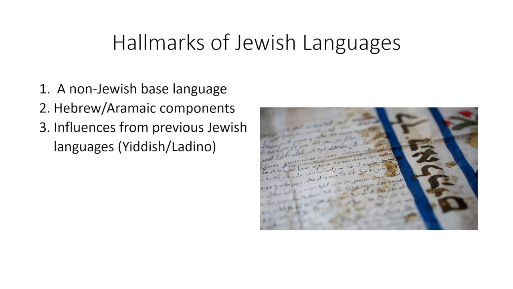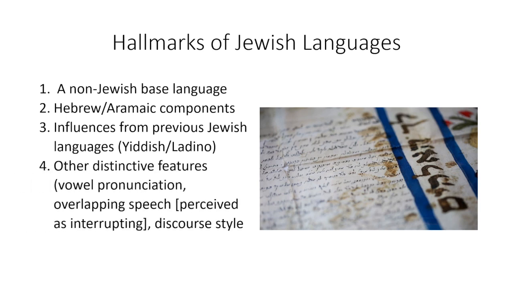In the case of modern borrowings, these tend to come from Yiddish or Ladino. There are some other distinctive features, such as vowel pronunciation and certain discourse styles, such as overlapping speech, which non-Jews tend to perceive as interrupting, but it is a discourse style that we find within the Jewish community.